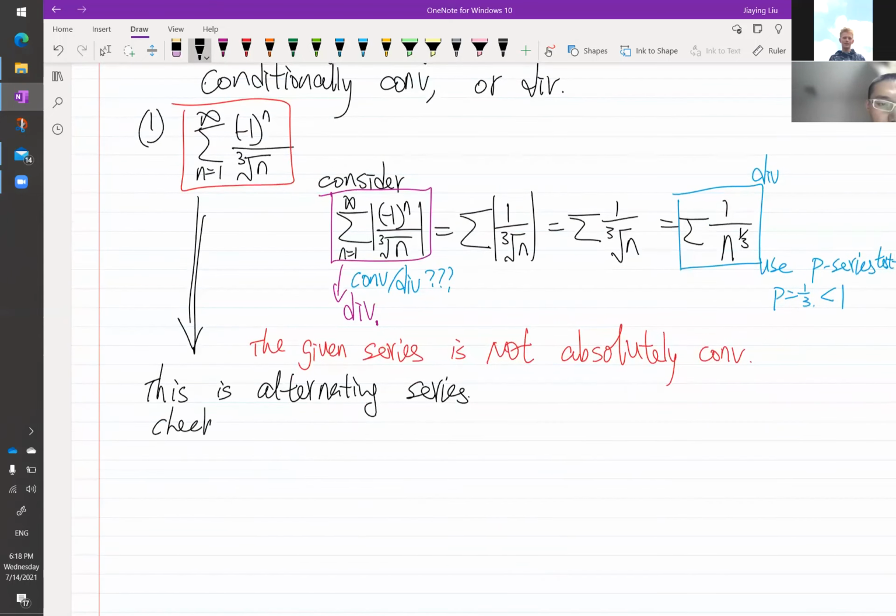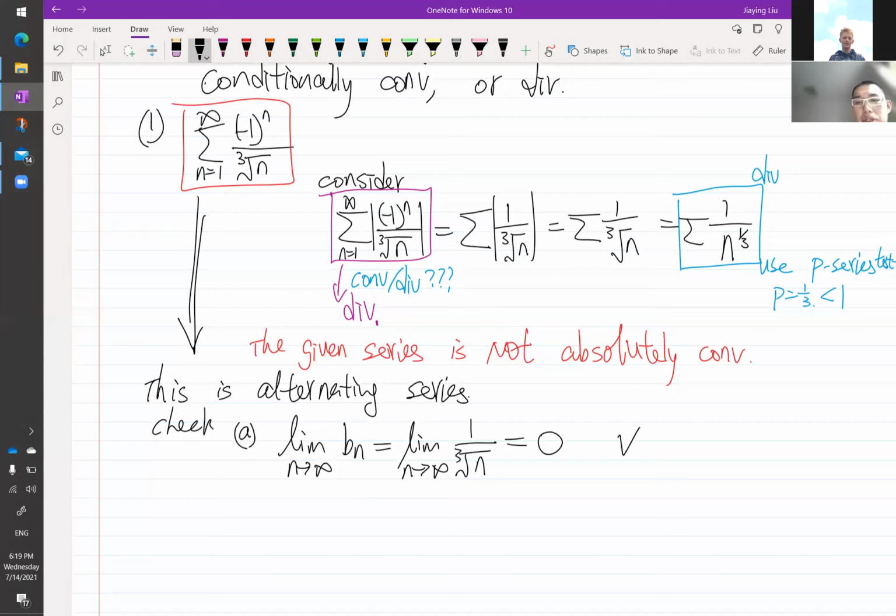So check the first condition, I'm going to call it A, which is the limit as n goes to infinity of b_n. So for the given series, the b_n is what you get when you put away the (-1)^n. So b_n, the limit as n goes to infinity of 1 over cube root of n, goes to 0, which is a good thing. So the first condition is satisfied.